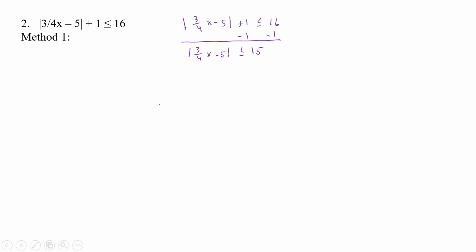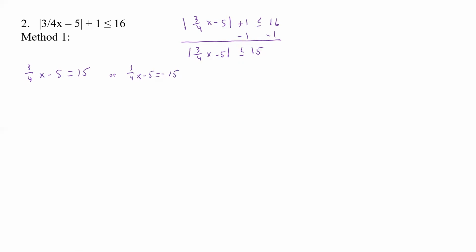Now we're going to drop our absolute value, and we're going to set equal to instead of the way we're doing it with inequalities. So we're going to have 3/4 x minus 5 equals 15. And then we're also going to have 3/4 x minus 5 equals negative 15.